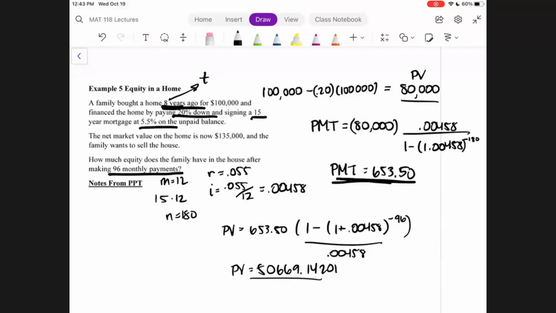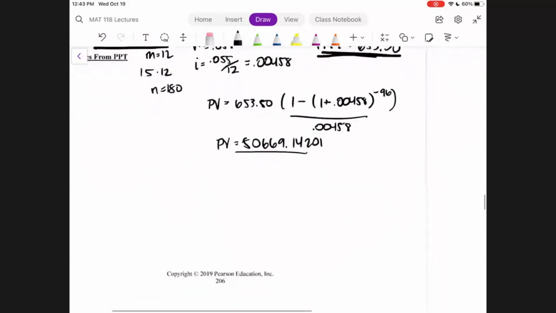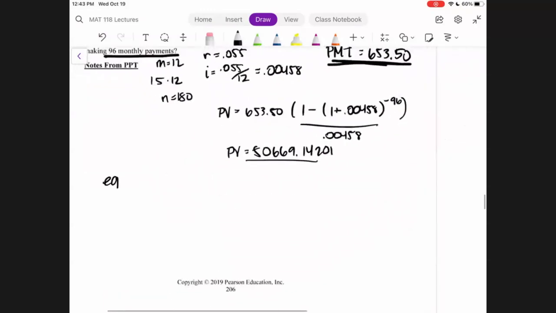Okay. So it says here that, we have what? So you want to think, how do I compute equity in the home, right? So you can think equity in your house is the market value.